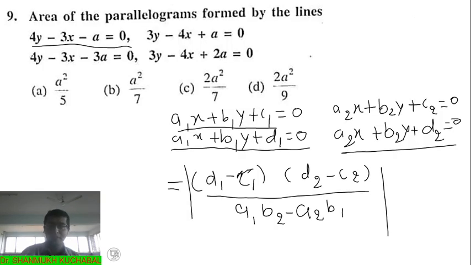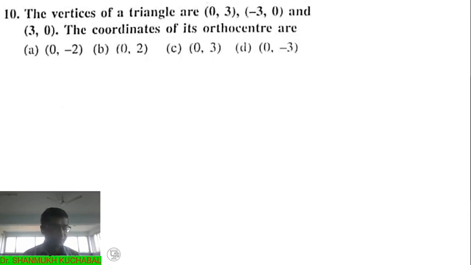Therefore option C, 2a square by 7, is the right answer. Okay, we'll move to the next example.